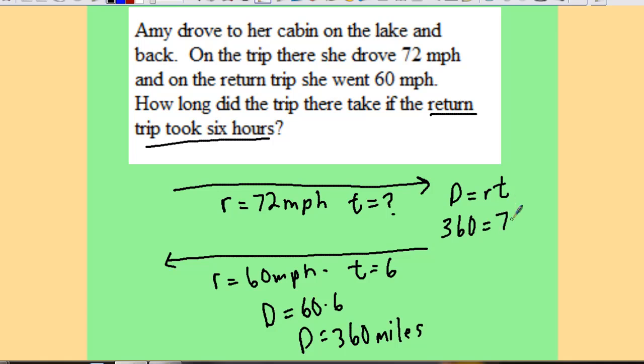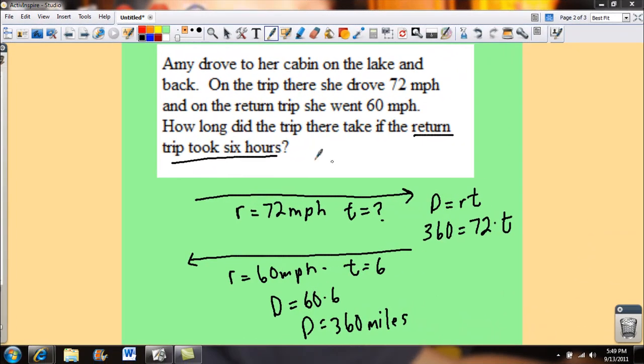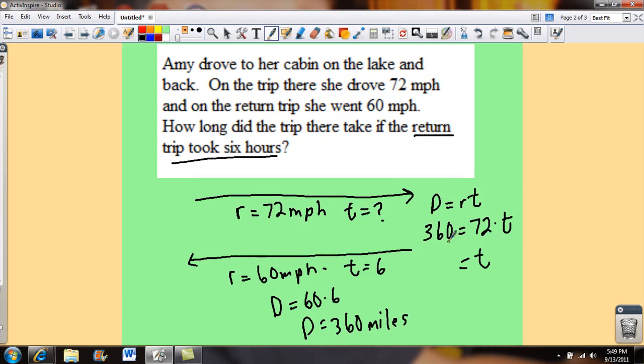We know her rate there was 72 miles per hour, but we just need to now solve for the time. Looking at this, you would be able to figure out that T would have to be 5. 72 times 5 is 360. So the trip there takes 5 hours.